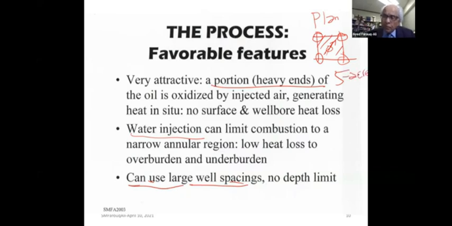If, on the other hand, you're doing in-situ combustion, you can have 10 acres, you can have even 20 acres. That is one of the big attractive features of in-situ combustion. It has its problems too, but we'll go further.